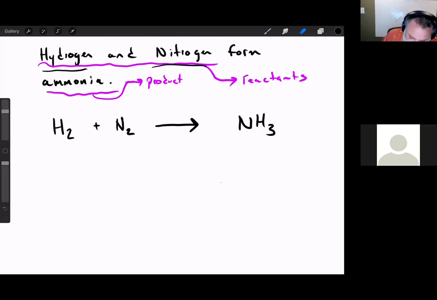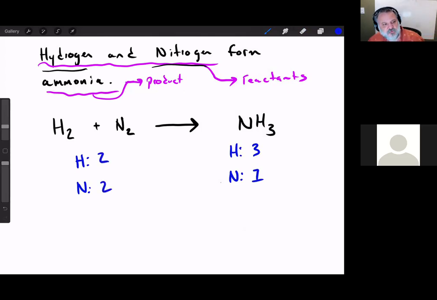It might be helpful for students to write down the atoms, hydrogen and nitrogen, and how many we have. The goal of balancing is getting these two lists of atoms to equal the same thing by adding stoichiometric coefficients.